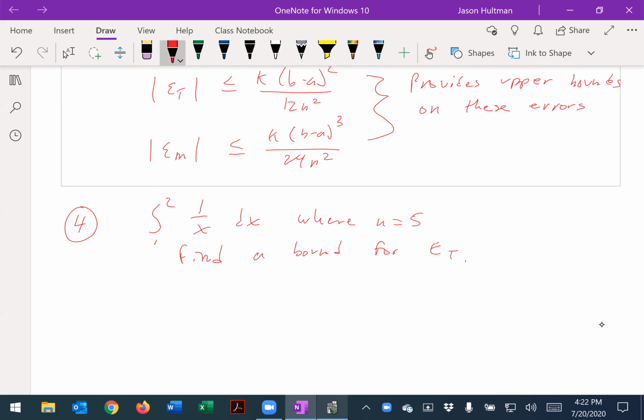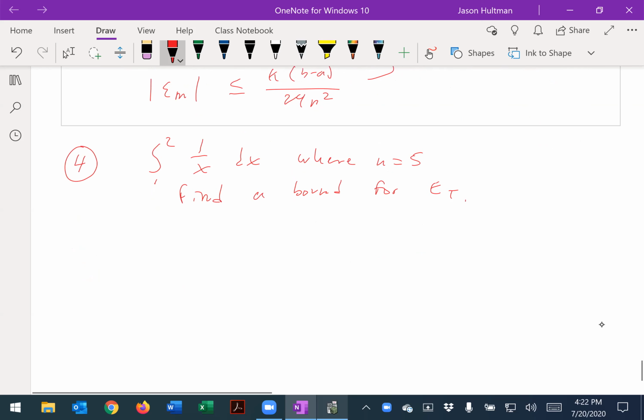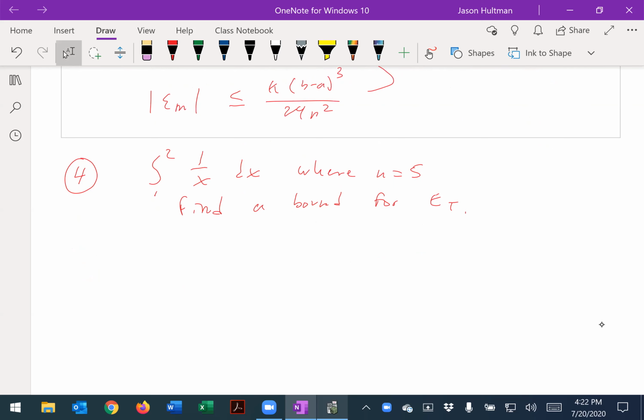We're going to want to find the absolute value of the second derivative, which is less than or equal to k.